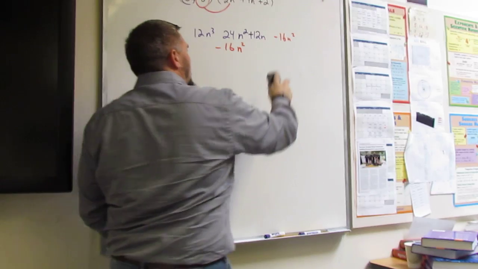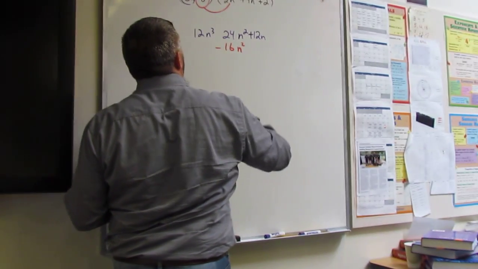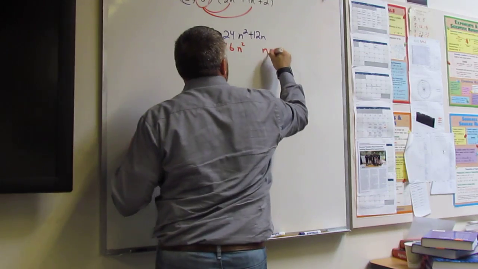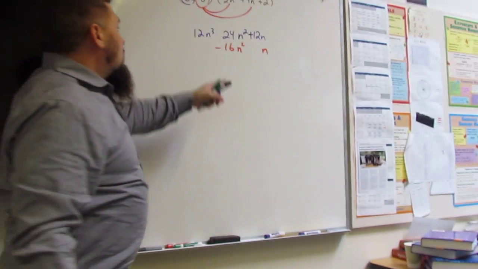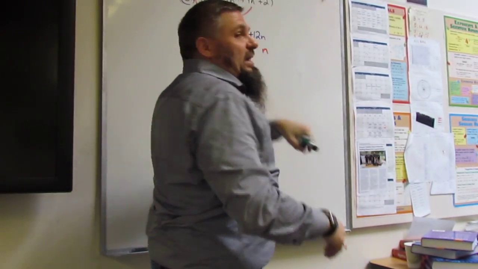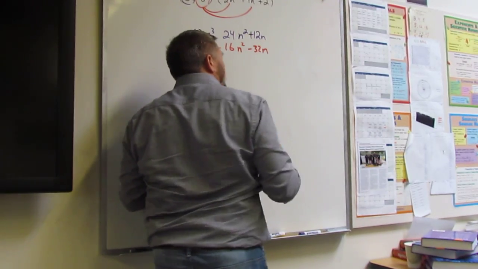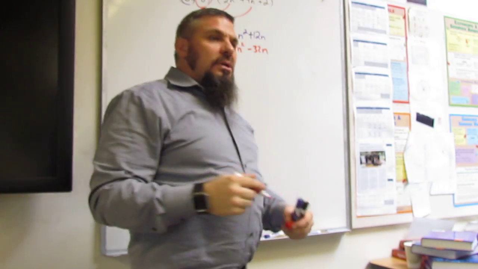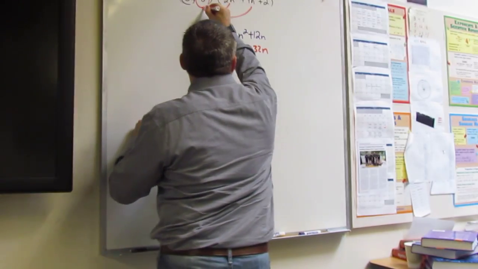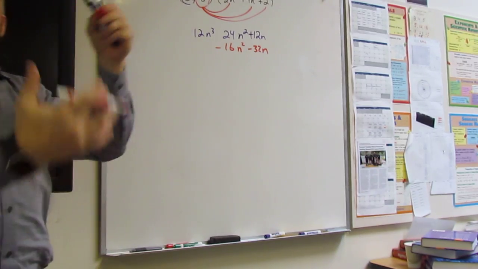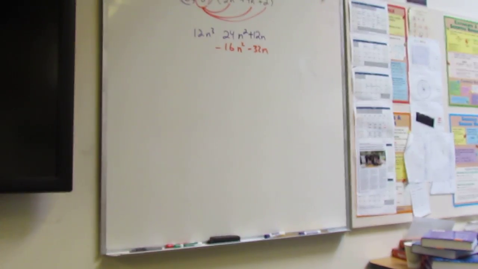I like lining it up because now I know that this is just an n, right? And so how many n's? 4 times negative 8? Negative 32, good. Okay, and then, you see how that looks like a real clamshell now? That's where that whole clamshell thing came from, right?